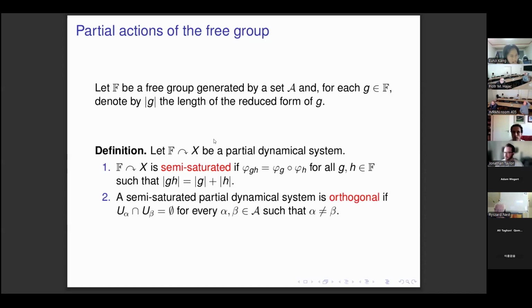So basically, you have your family of open sets, and you choose a bijection of the set with itself.